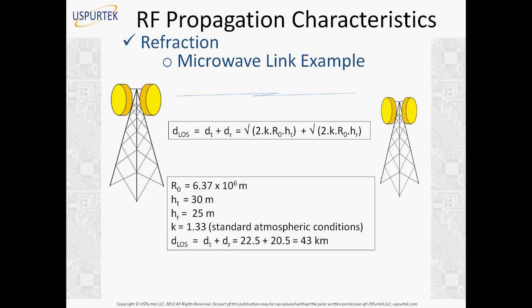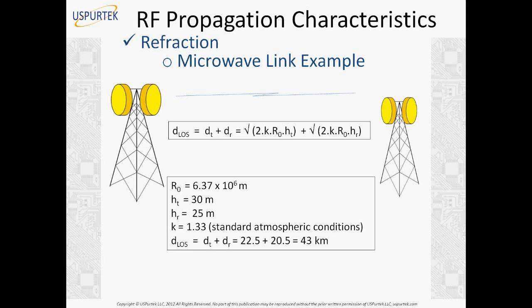This is for standard atmospheric conditions. This is a very standard value. If you don't really know the value of K, you can use 1.33, assuming standard atmospheric conditions: a clear sunny sky, no thunderstorms, a stable ionosphere, and so on. Of course, this might change. It may become less than 1.33, maybe 1.2 or 1.1. There may be some variation, but for all practical purposes, you can use K as 1.33.